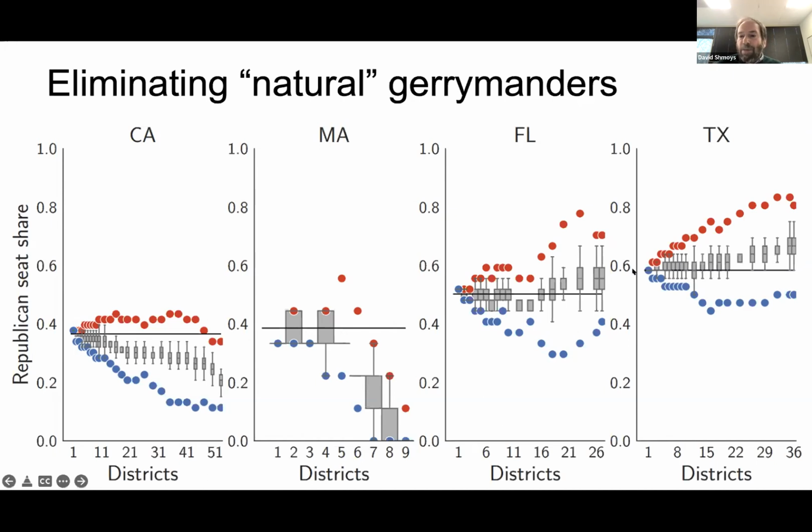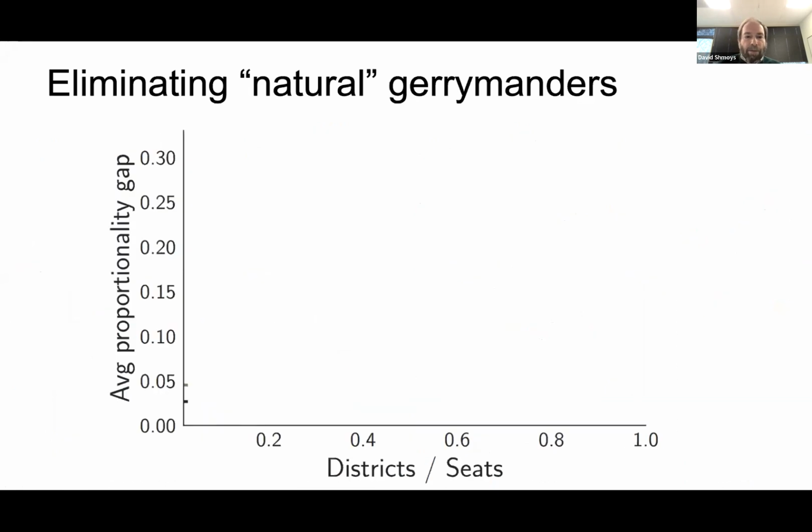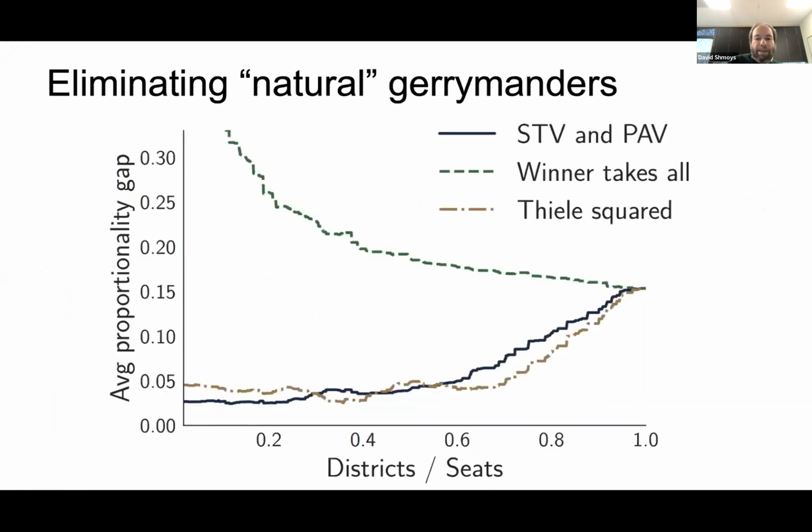But the bottom line is, if you go down from the 36 districts to, let's say, 12 districts, you greatly limit the extent to which partisan advocates can skew the outcomes, and yet you can draw a map that, if you control it, is very close to proportional. This is a continuous effect over the number of districts per seat.